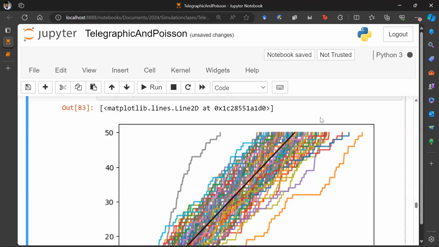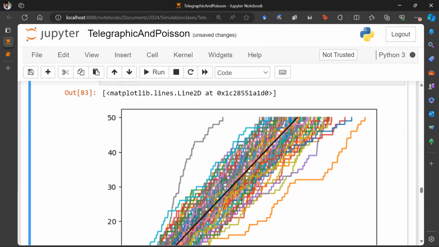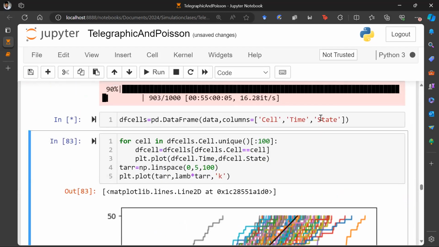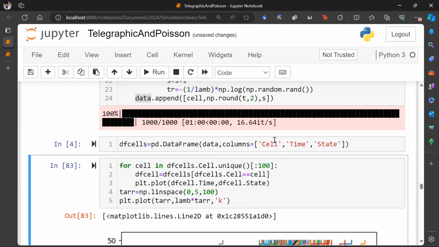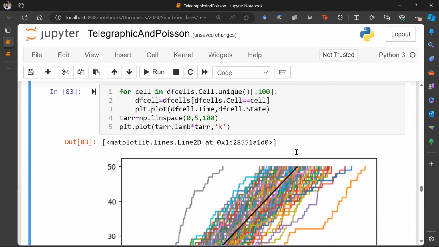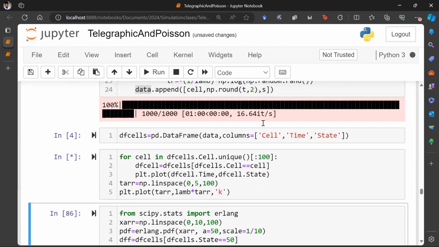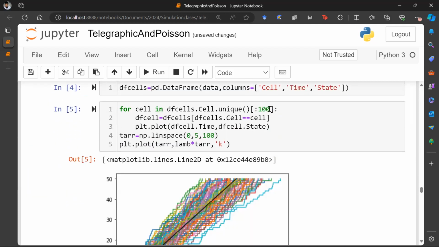That is also a relevant problem. So for people that are in the theoretical part of this class that is given by Professor Singh, this distribution follows an Erlang distribution. So I can compare this with the Erlang. We can do this again.